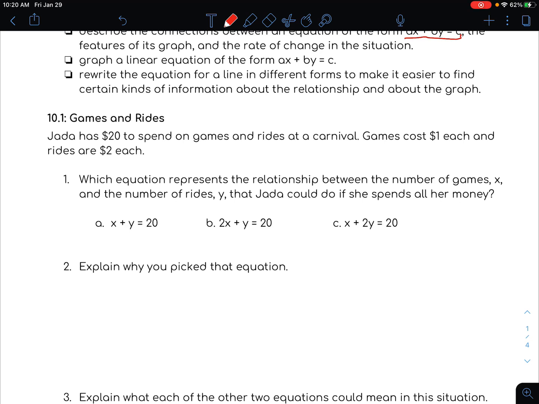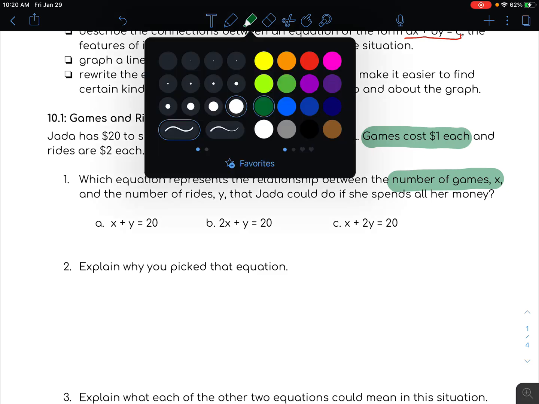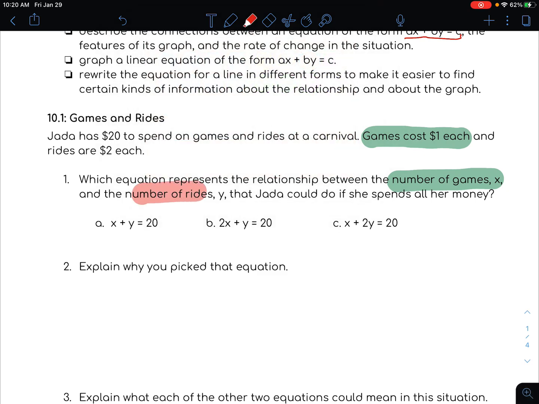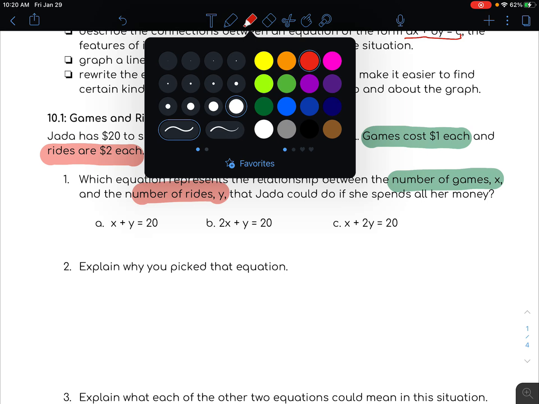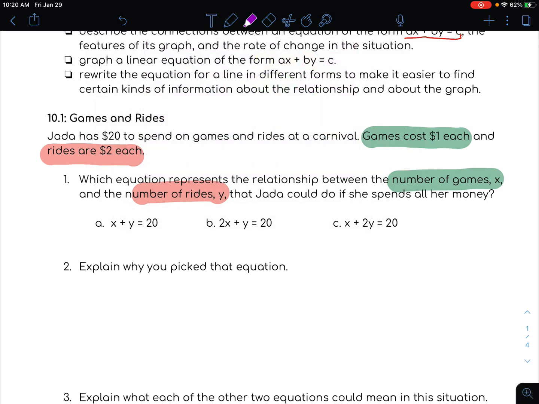All right, so we're talking about our two variables here, number of games, x, and games cost $1 each. And then we're also talking about the number of rides, y, and we know that rides cost $2 each. And we also know that there is a total amount that she can spend, which is $20.